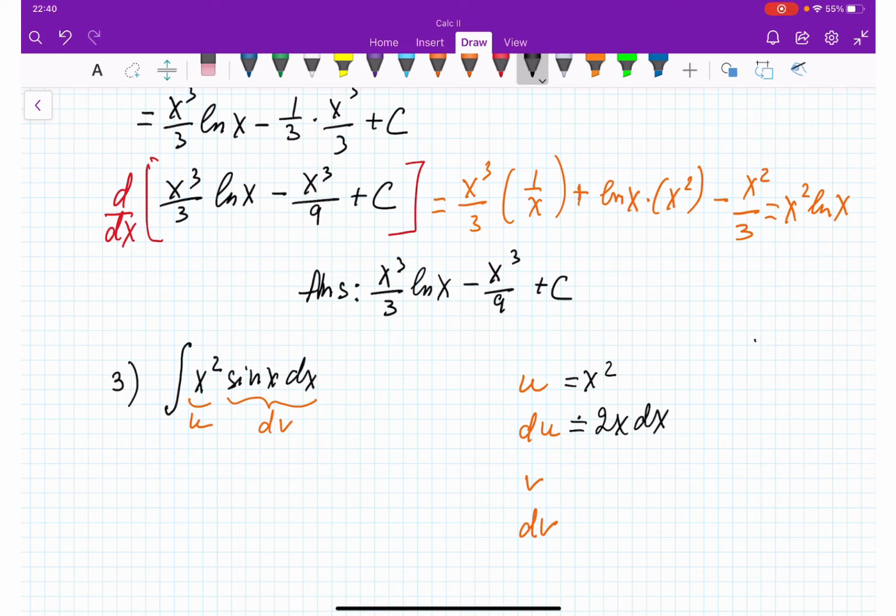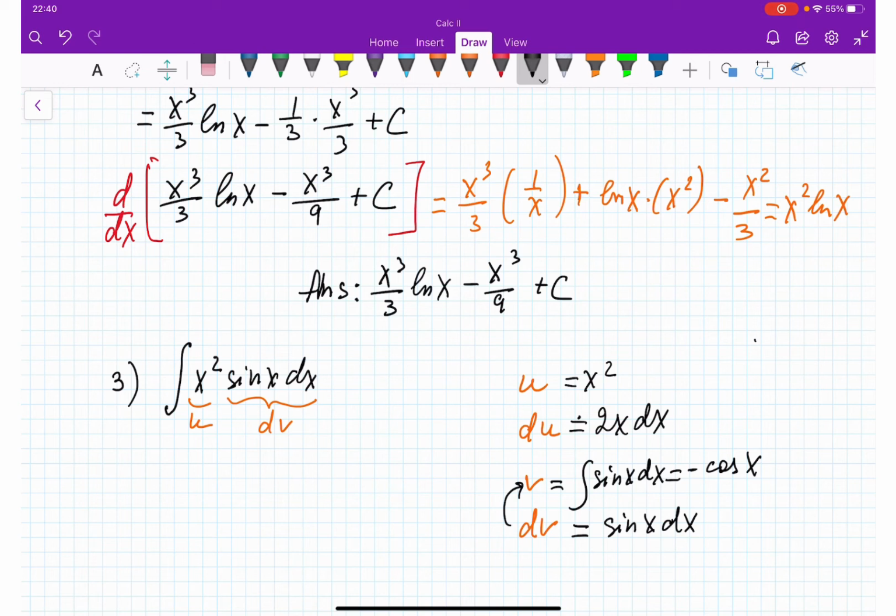Next we have dv, which is sine x dx. And getting v is equal integral sine x dx, which is going to be negative cosine x. All right.